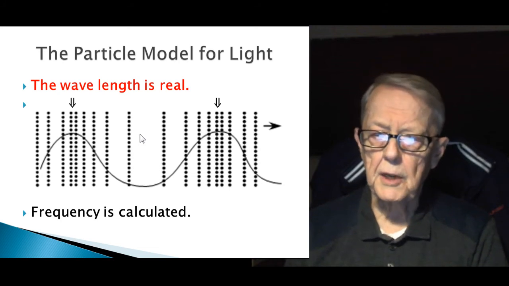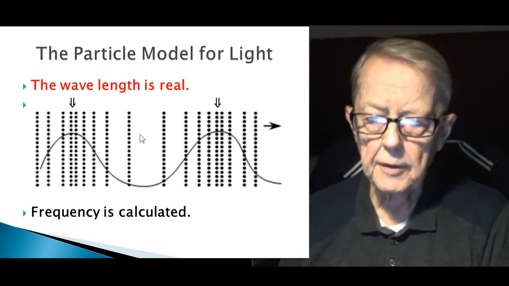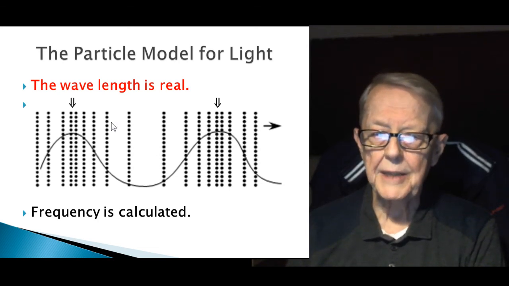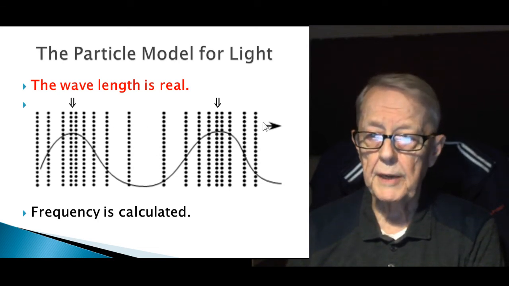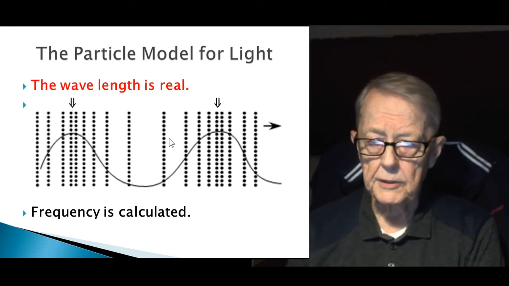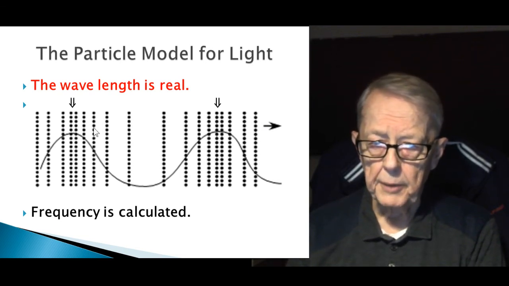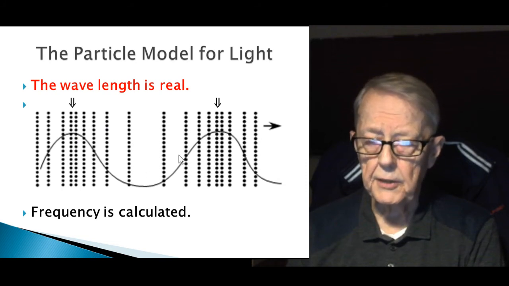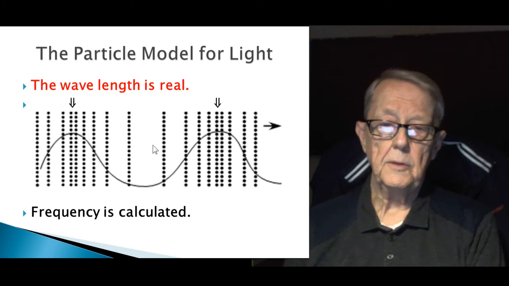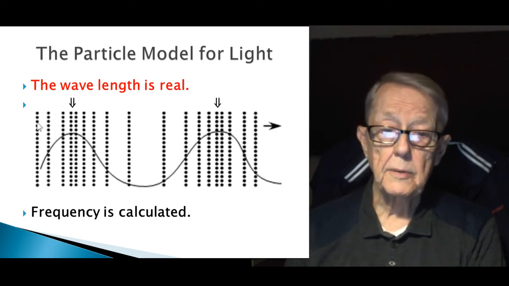And this was done just after I had claimed that the particle model for light is a wave of particles moving at speed c with a repetitive distribution. Peaks here, peaks there, valleys here, and this repeats and repeats. To me, the wavelength is real.